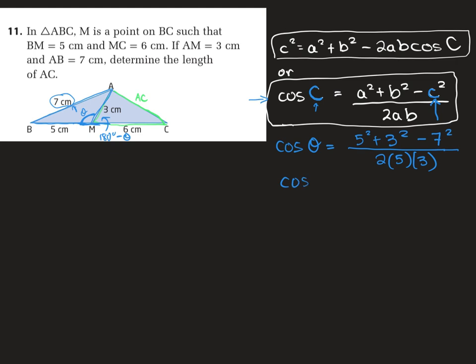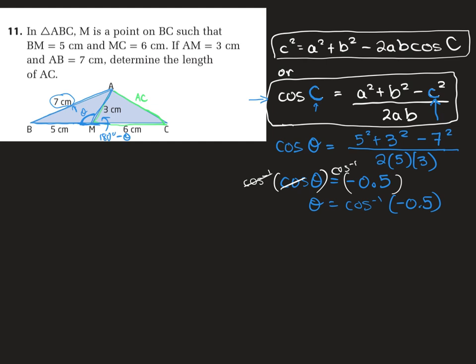We would get that cosine theta is equal to negative 0.5. Now, we still have to get theta, which means getting rid of the cosine. So you would go inverse cos on both sides. That gets rid of the cos on the left, so we have theta equals the inverse cosine of negative 0.5. Make sure you're in degree mode.